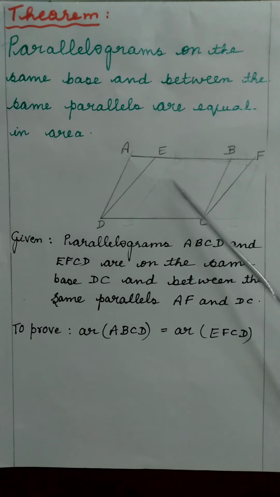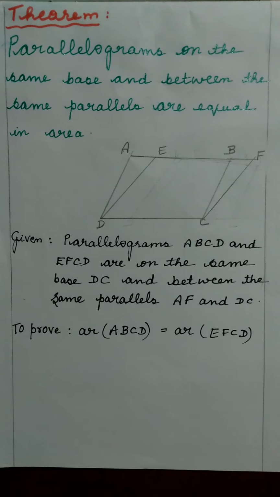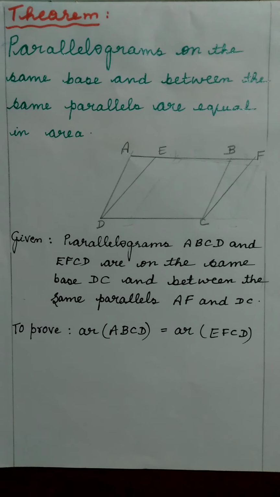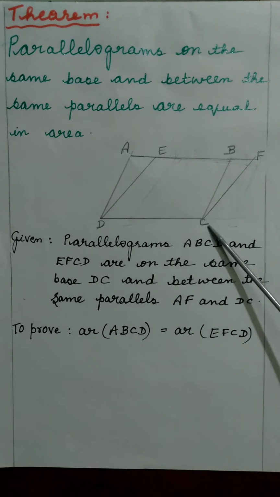Look into this main figure, children, in which ABCD is a parallelogram and EFCD is another parallelogram. Both the parallelograms are on the same base DC and between the same parallels AF and DC. What we have to prove?